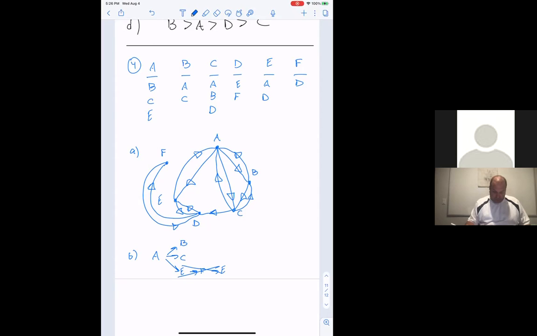Now, if you go to B, then the only possibility from B is either A, which is redundant, or C. And if you go to C, then you can go to D. But here's the problem. D can only go to E or F, right?